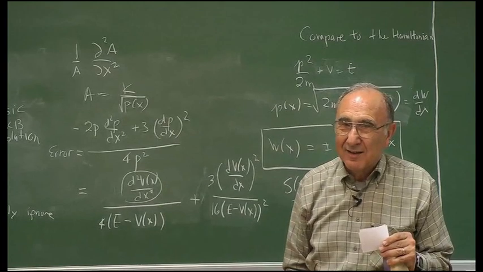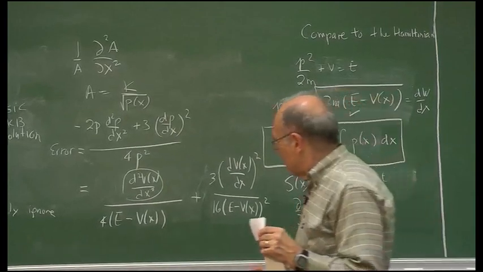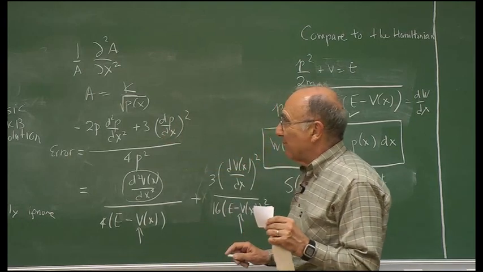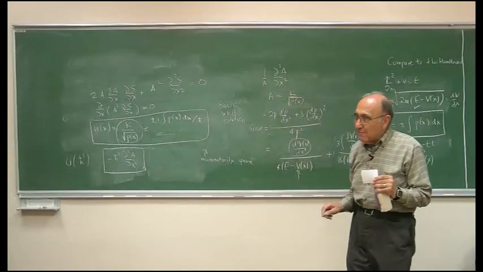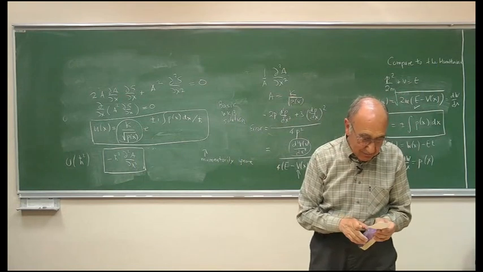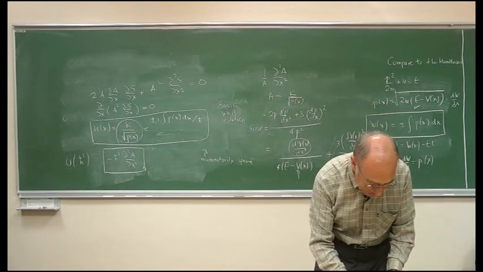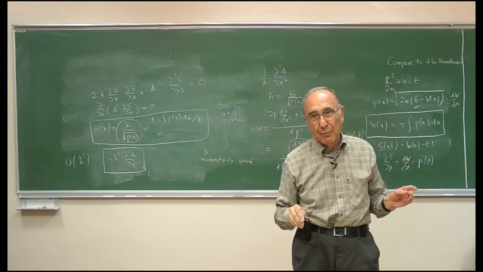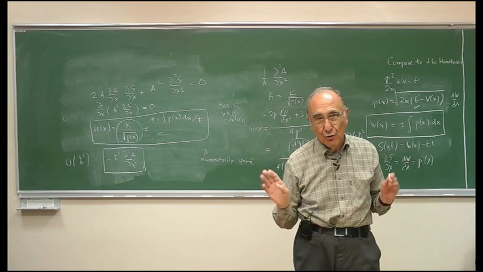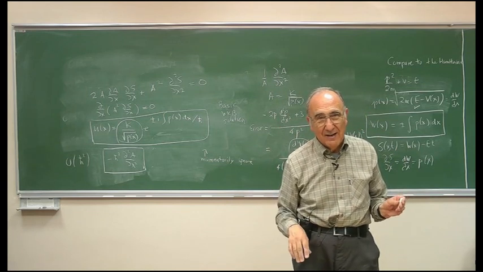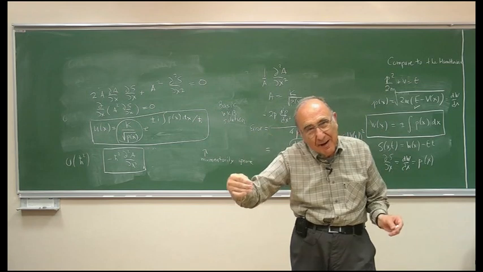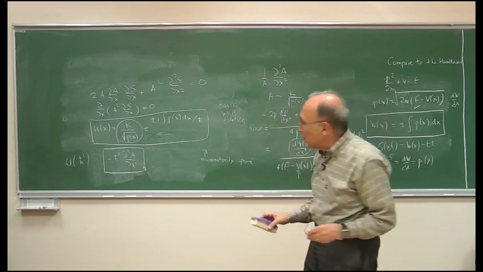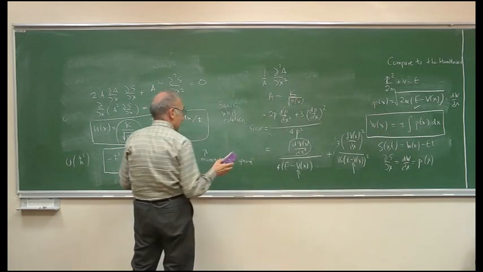However, there is another item here, namely we have E minus V of x. So if E minus V of x is going to be 0, then again this approximation is no longer valid, and we must complement this with something else. Now, let's look at what that something else is.